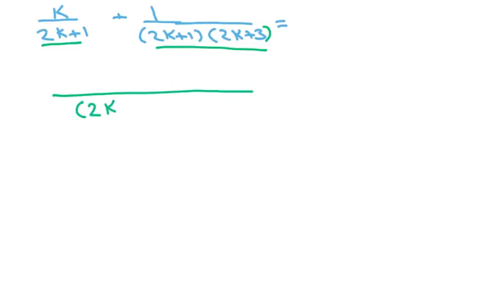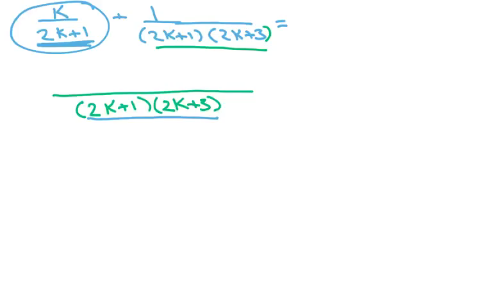So we have 2k plus 1 times 2k plus 3. Now, to get the common denominator for this first piece, you ask what times this old denominator gives you the new denominator. And what you have to multiply by to make it look like the new denominator is 2k plus 3. So we're going to multiply my numerator by 2k plus 3. And you can see if these two canceled, you would get back to the original.